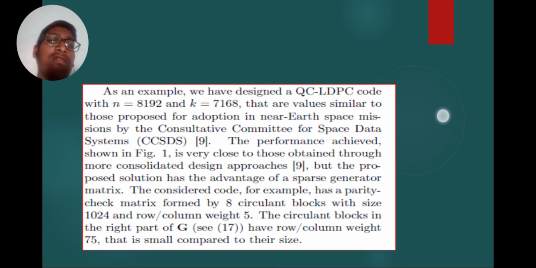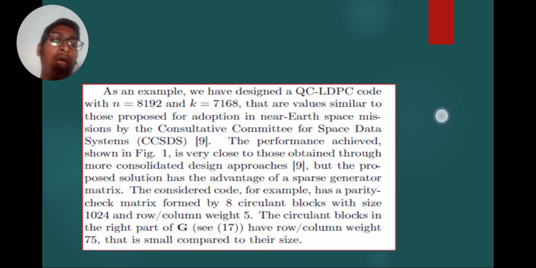The performance achieved, shown in figure 1, is very close to those obtained through more consolidated design approaches, but the proposed solution has the advantage of a sparse generator matrix.